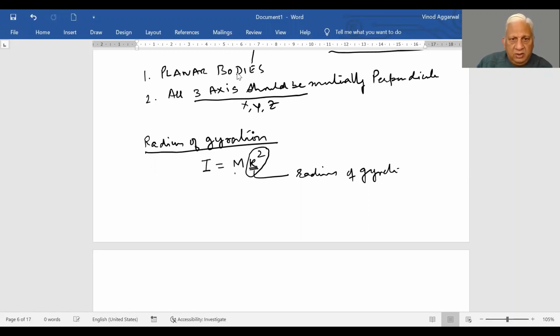Now, for example, in case of a sphere, you have I is equal to 2 by 5 mr square.